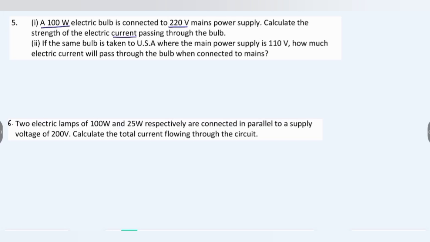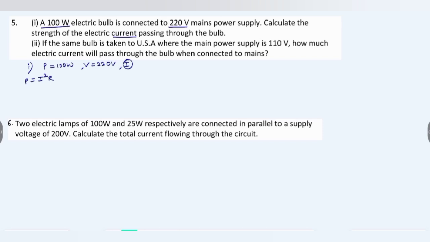So again, here also two quantities are known. One thing we know, power is 100 watts. One more, V we know is 220 volts. We want current. Again, which formula? P is equal to I square R. You should be thorough in the formulas, then only you can do better.